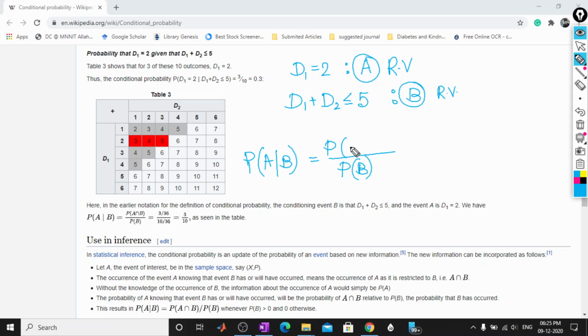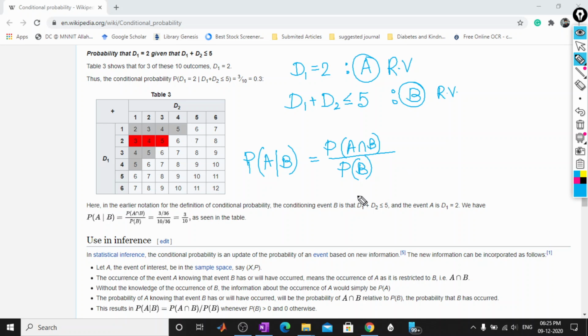So we have to find the intersection of them. What will be the intersection value? Just see this first. We are interested to calculate the probability. So what will be the probability of b?